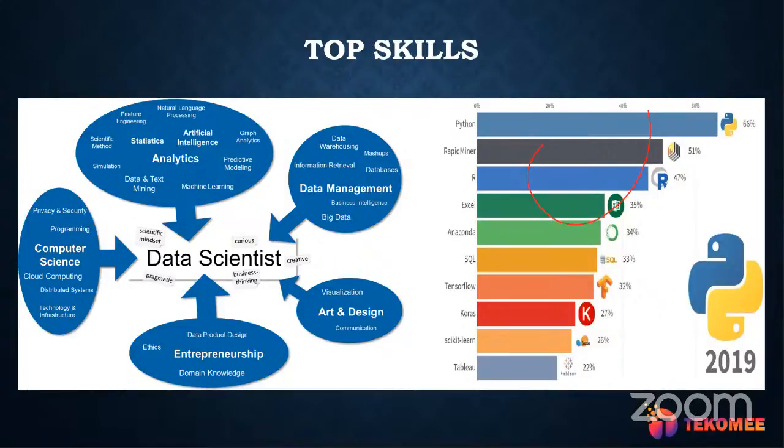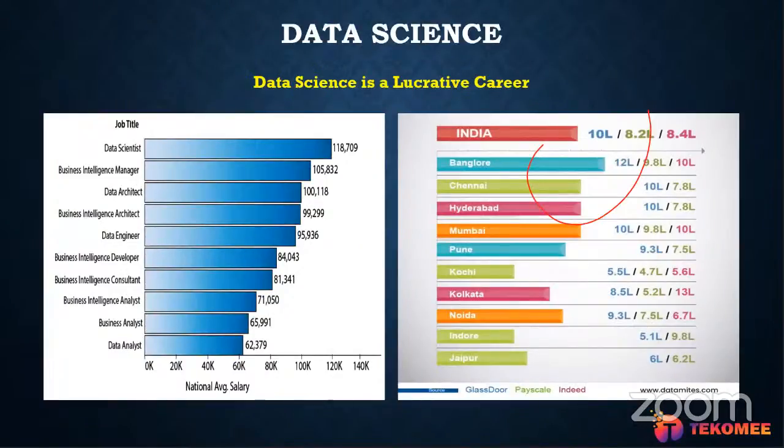But the first preferred language will always be Python. So these are a few of the technologies which are kept in mind, and which have gained much more importance over the years. Now, coming to a data science career, how are you planning to go into a career?